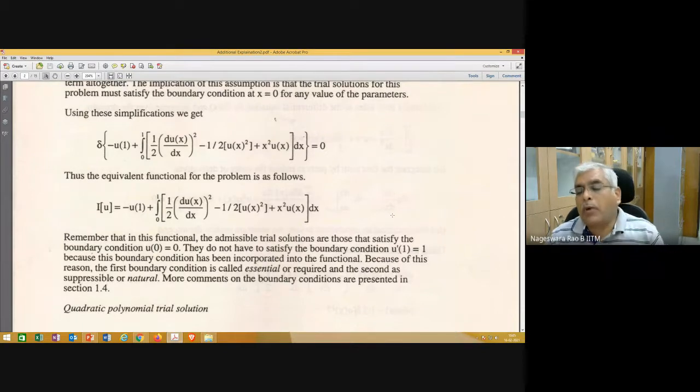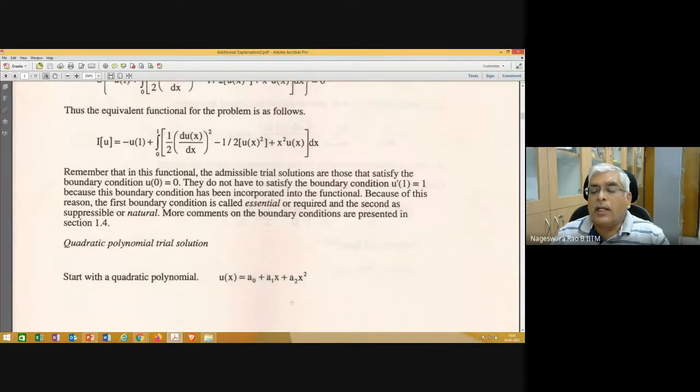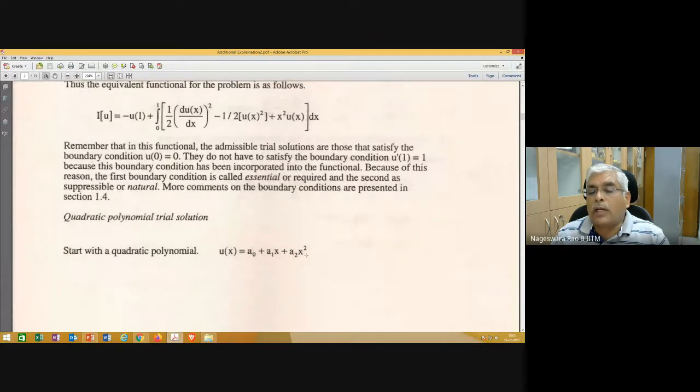Since the assignment problems are based on the classical methods, after this point you need to decide what kind of trial solution you want to start with. Here it is illustrated with a quadratic polynomial trial solution, which you are already aware of.